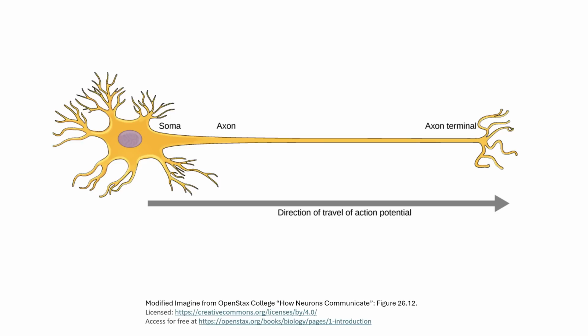The resting membrane potential will extend all throughout the dendritic regions, into the cell body, into the axon hillock, into the initial segment, all the way down the axon and into the axon terminals and down into the buttons. Every single one of these regions has a resting membrane potential of around negative 70 millivolts.